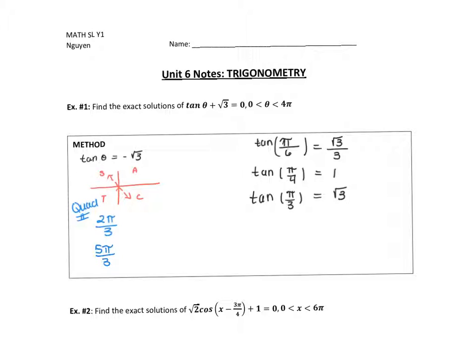In this case, if I add pi to 5 pi over 3, I get 8 pi over 3. And then if you add another pi to 8 pi over 3, you will get 11 pi over 3.